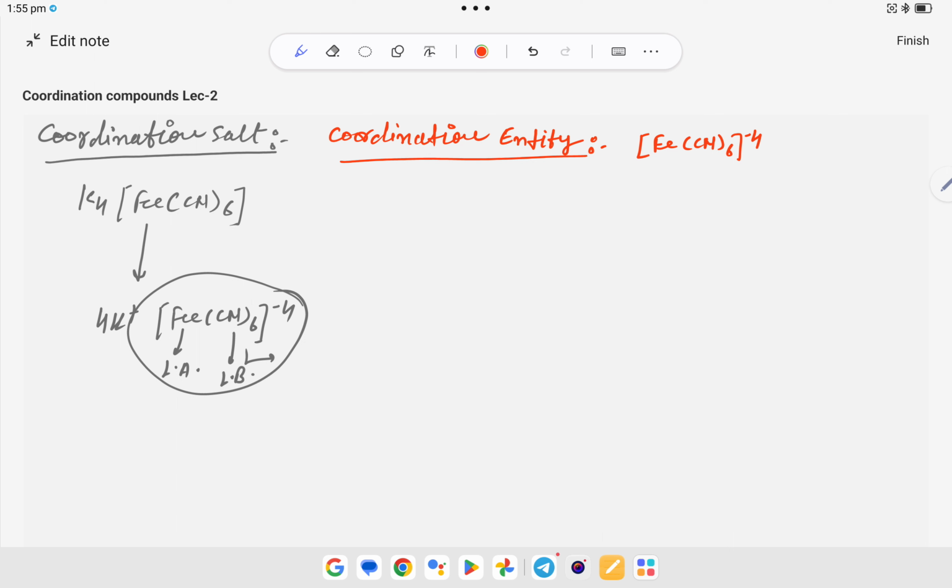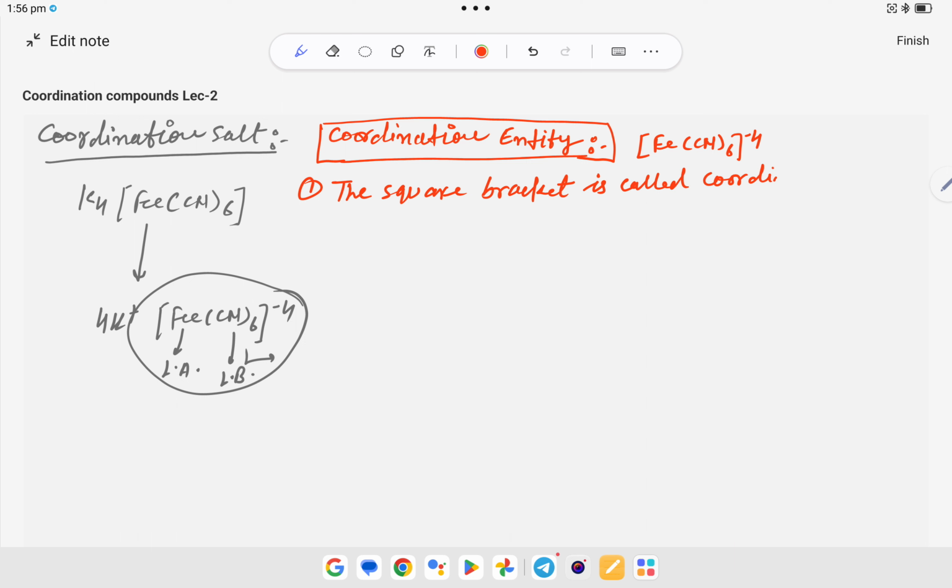A few points related to this coordination entity we will discuss. Point number 1, the square bracket is called the coordination entity or coordination sphere.